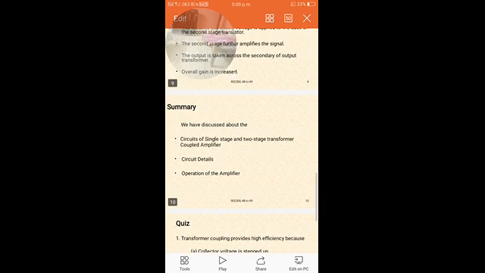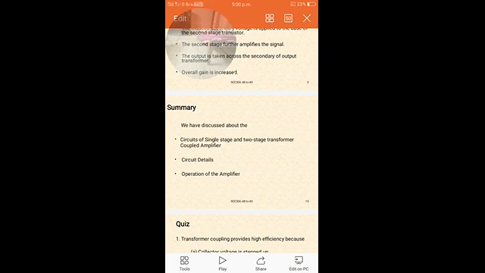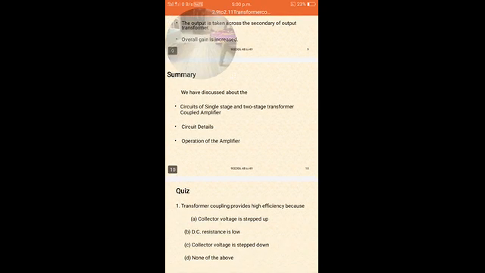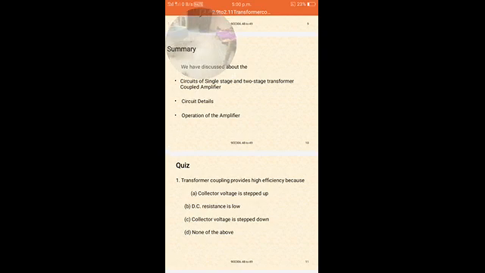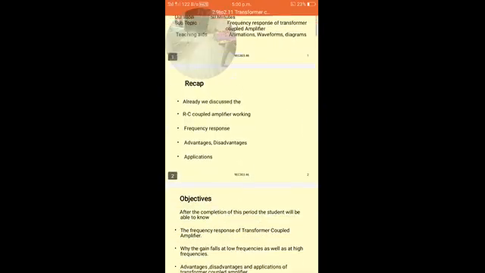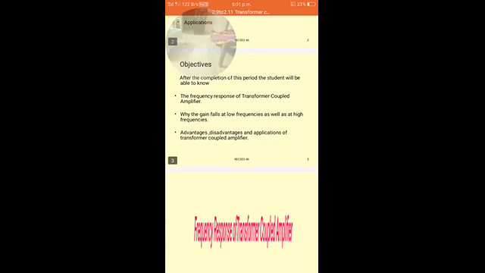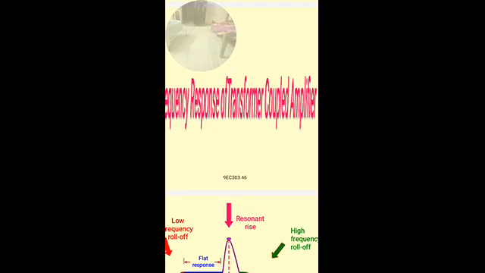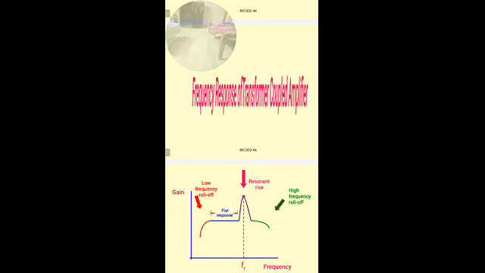So far we have studied the circuit of a two-stage transformer coupled amplifier, its construction and the purpose of each component in the circuit, that is circuit details, and the operation of the transformer coupled amplifier. Now we'll see the frequency response of a transformer coupled amplifier.